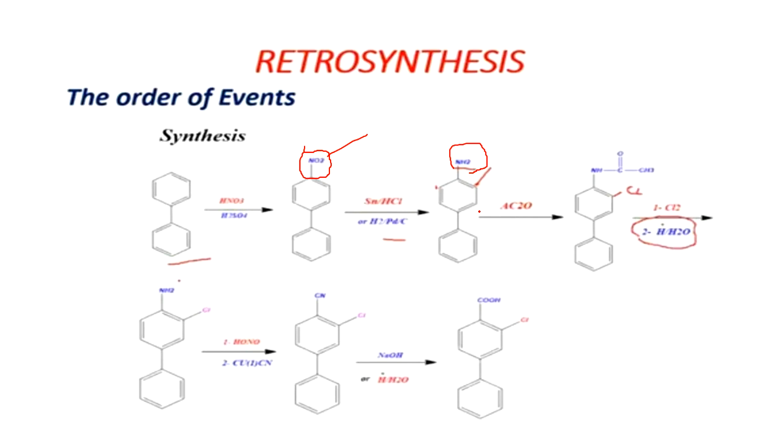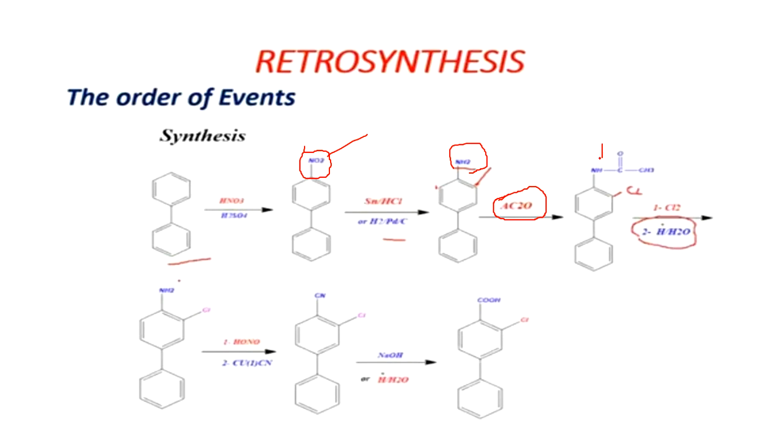After doing this, here there are 2 ortho positions. So to get our given starting material, we have to block the reactivity of this NH2. So here we are using a protecting group, Ac2O, which is nothing but a protecting group for amine compounds. So this NH2 group could be protected.